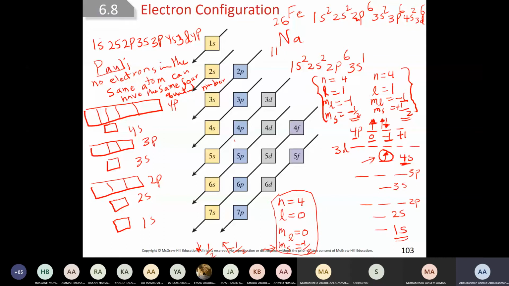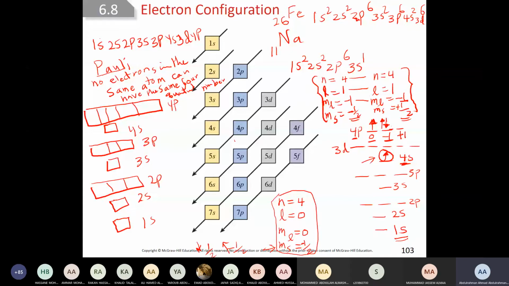That's the same meaning as 2 electrons in an orbital. Maximum you can have 2 electrons. If you put another electron like this one, can you? No, you cannot, because it's in the same orbital. So you should have only 2 electrons like this, and these 2 electrons have the same n, the same l, the same ml.